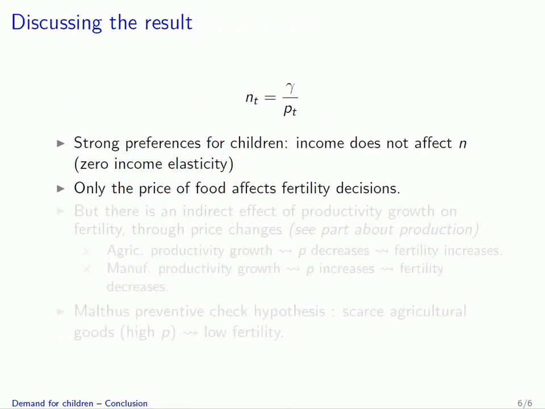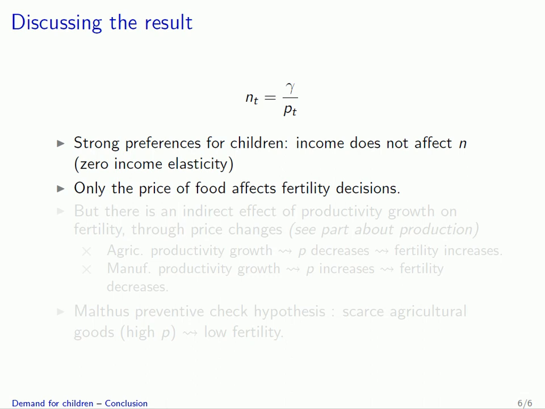Several things should be noted once we have the result. NT is equal to gamma over PT means that, of course, the price of food negatively impacts the number of children that the adults want. On the other hand, you can see in the expression here that NT is not impacted by the income of adults, WT, which we interpret as some kind of strong preference for children.